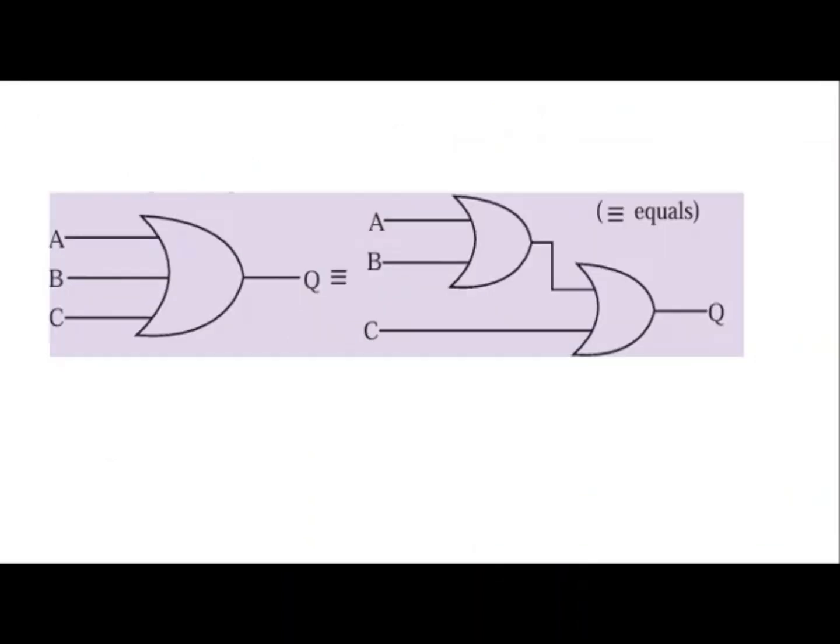Okay. These two logic gates are equal. This one we discussed previously. So the Boolean expression of this was Q equals A plus B plus C. For the Boolean expression of this, here there are two OR gates. A and B are the inputs of this OR gate.